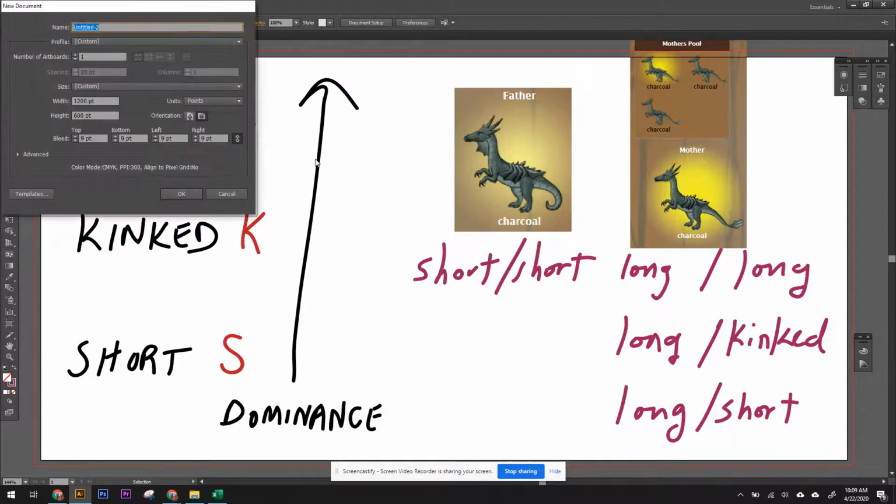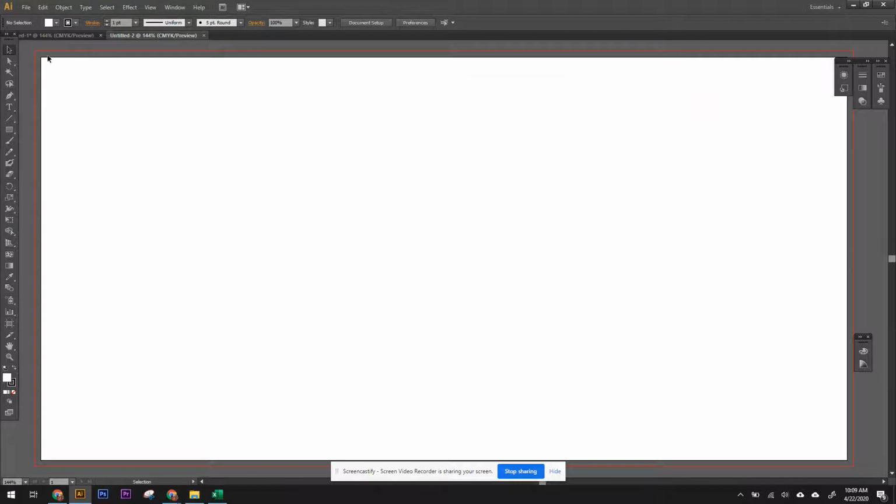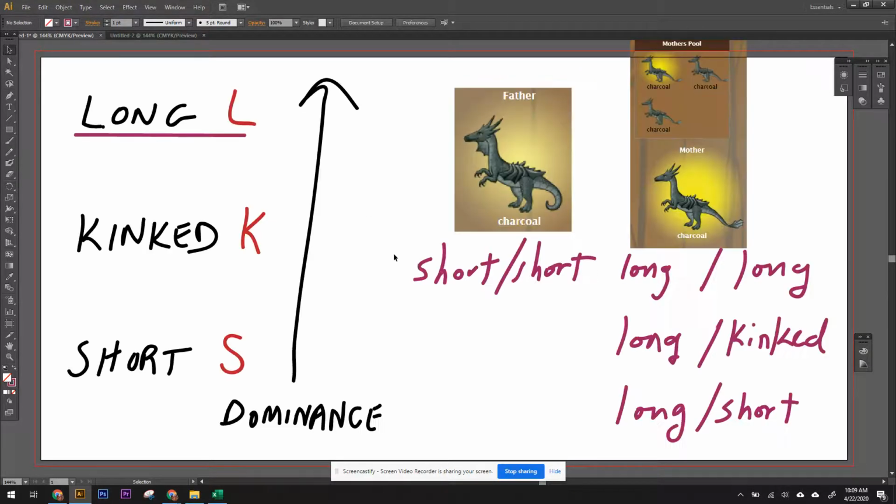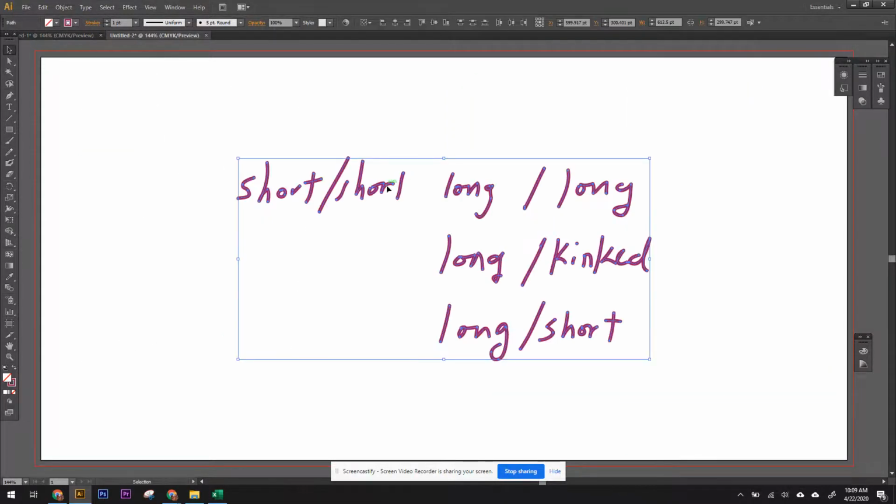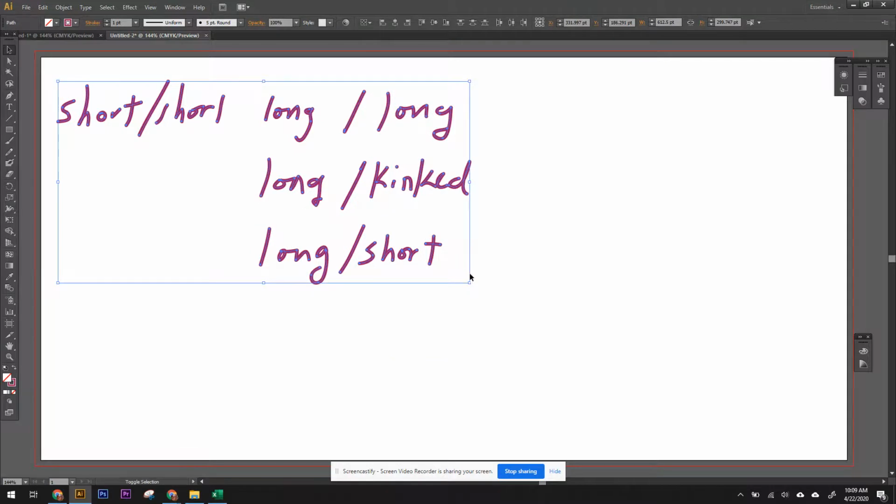So I'm going to open up a new page here. We're going to take all of our possible combinations and copy them over here so that we remember.